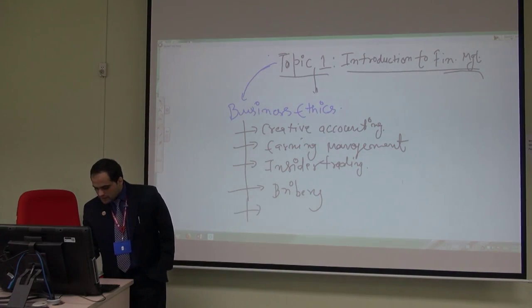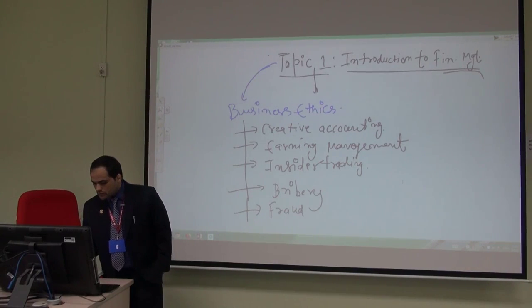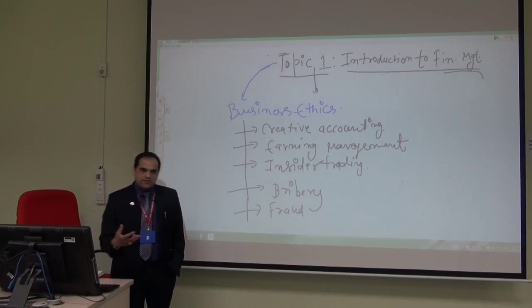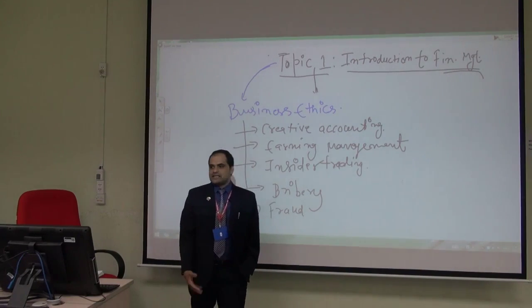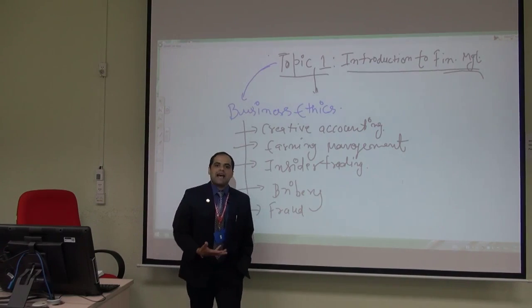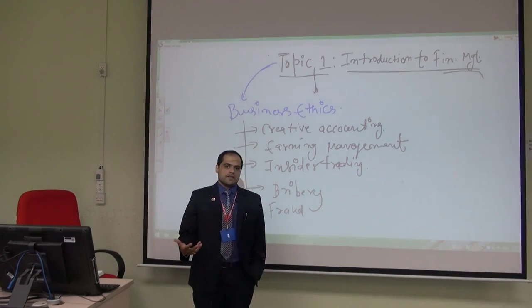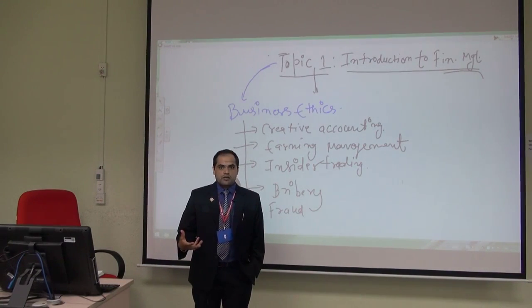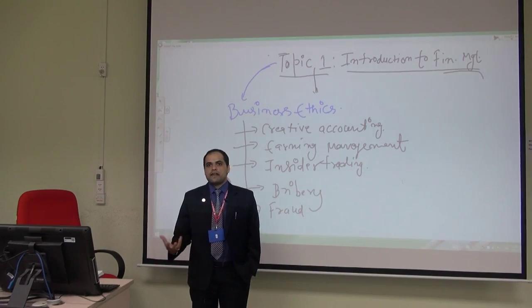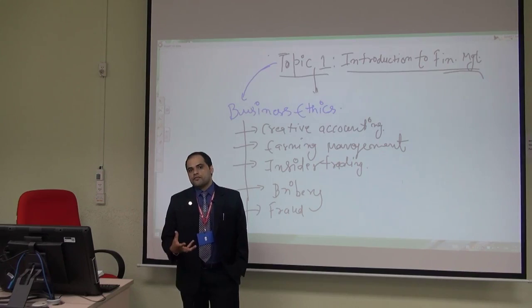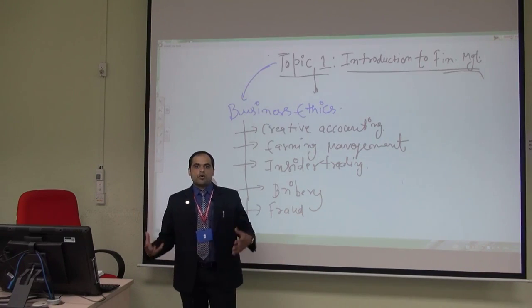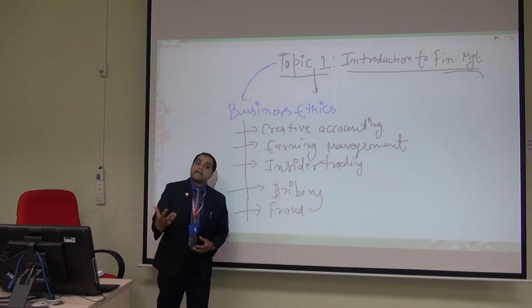And the last one is fraud. Fraud means cheating customers, cheating employees, or doing anything wrong, such as using company assets for personal purposes. That's also an example of fraud, right? Of course, fraud has negative impacts on the firm's growth and performance, and fraud is also considered unethical behavior.